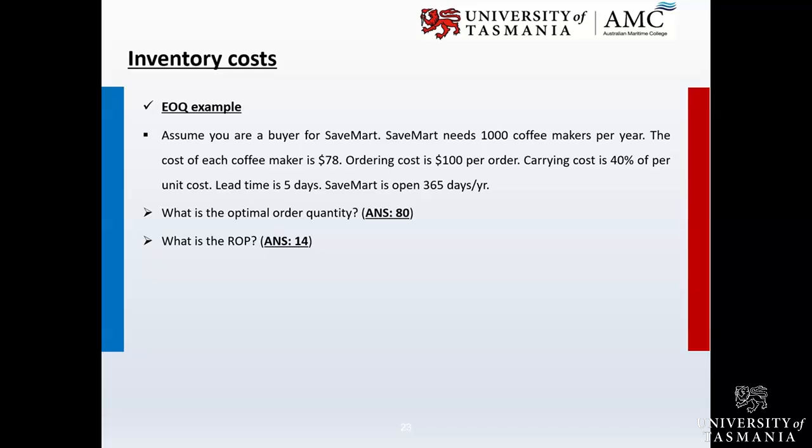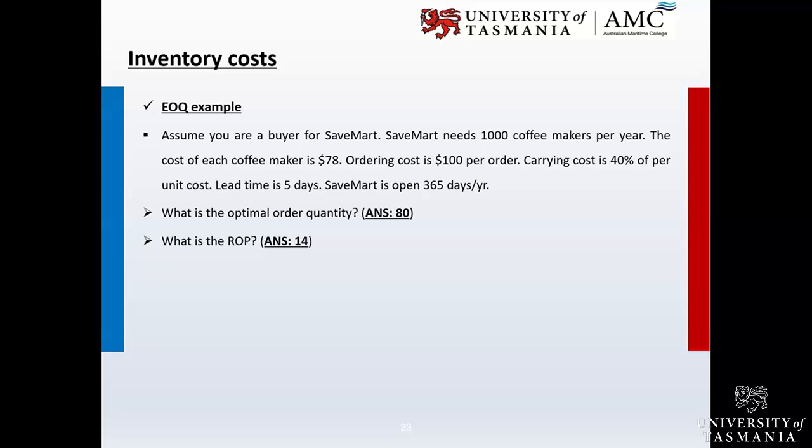Next, OC, the order cost. The ordering cost is 100 per order. So OC is 100. Next, HC, the annual carrying cost is 40%, and lead time is 5 days.